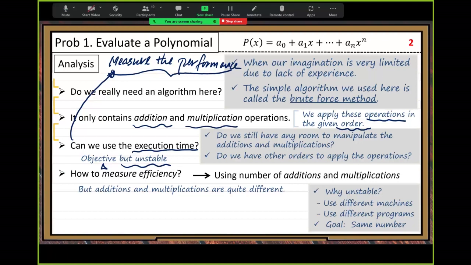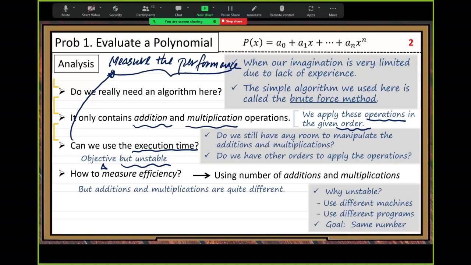When we do an addition and a multiplication on the same computer, the execution times are different. Addition is much faster than multiplication on the same computer. So this time we need to consider this factor, the difference between addition and multiplication execution time.